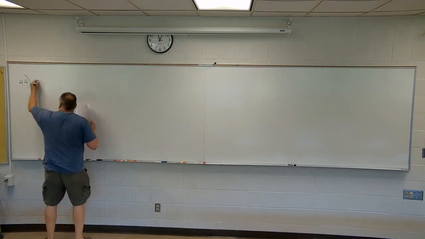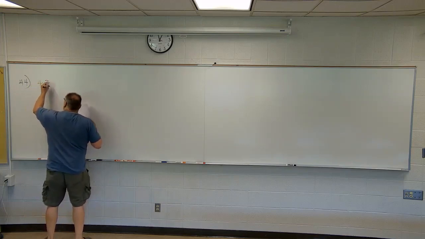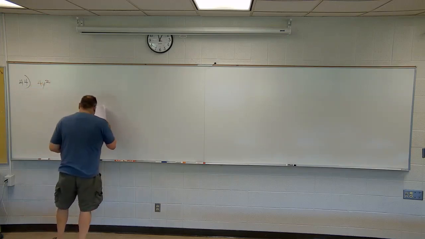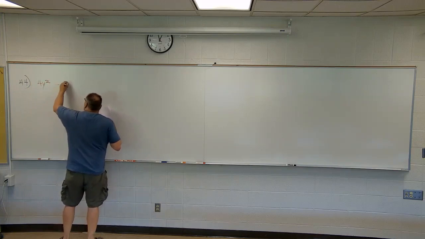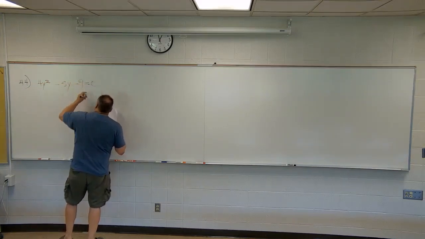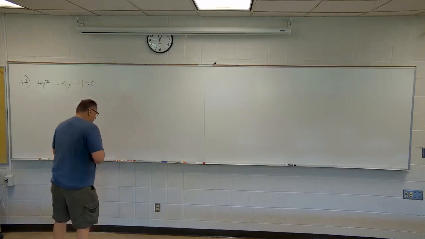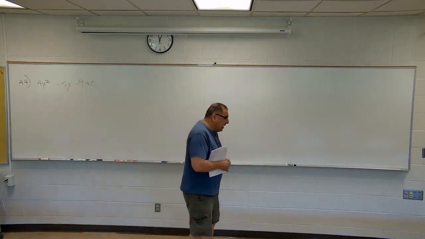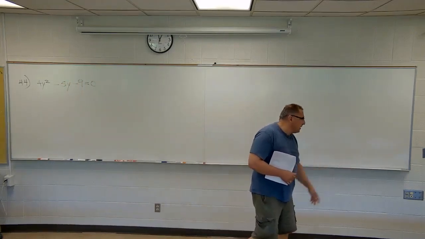They talk about 44. 4y squared minus 5y, and of course my marker goes south. Let's see here.